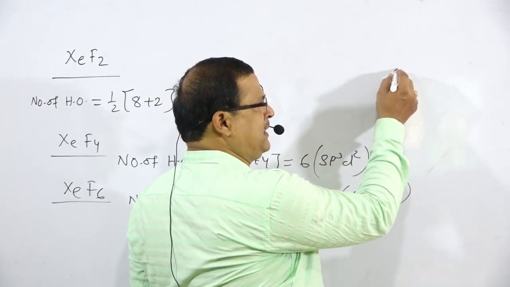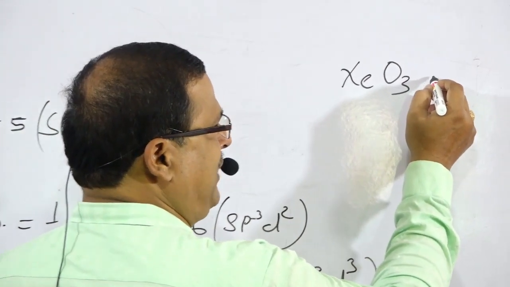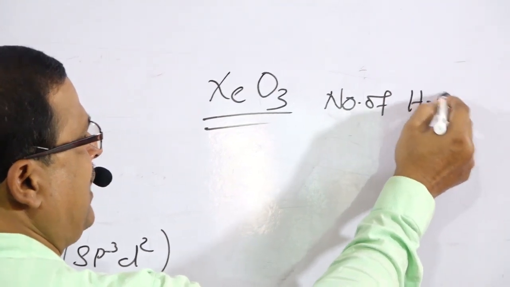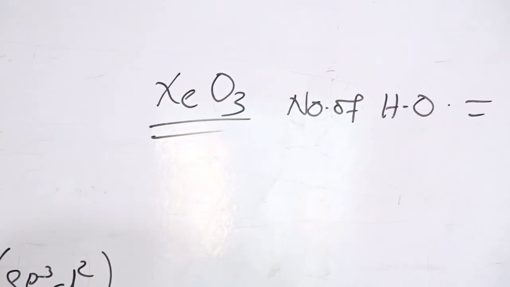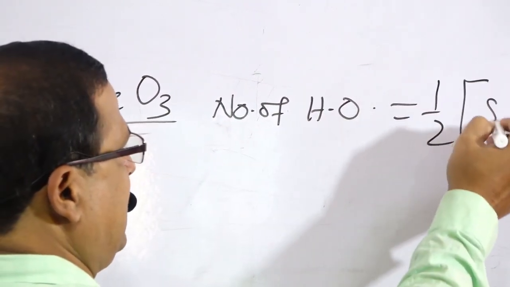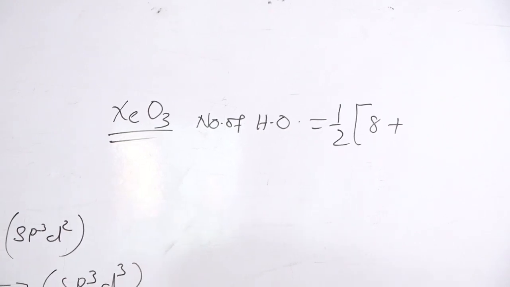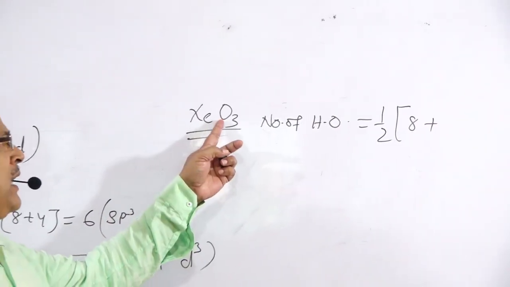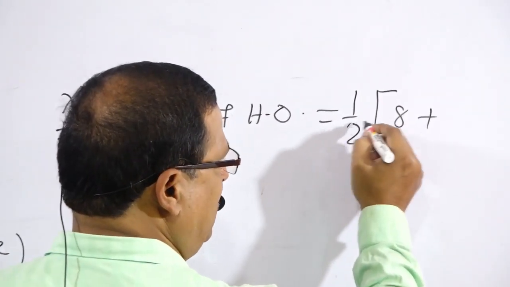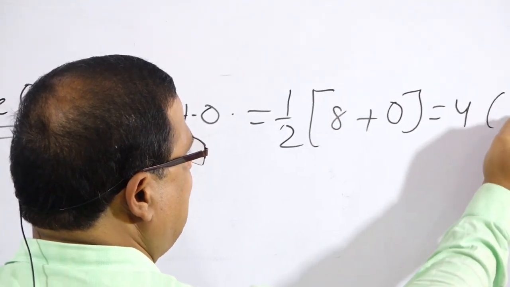For example, XeO3: the number of hybrid orbitals, xenon's outermost shell contains 8 electrons, half of 8 plus 0, because oxygen is a divalent element and there is no monovalent element. So half of 8 plus 0 is 4, therefore sp3 hybridization.